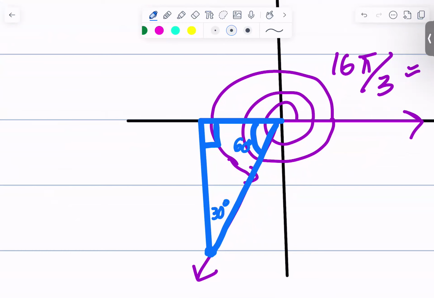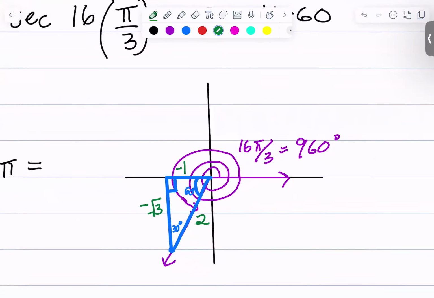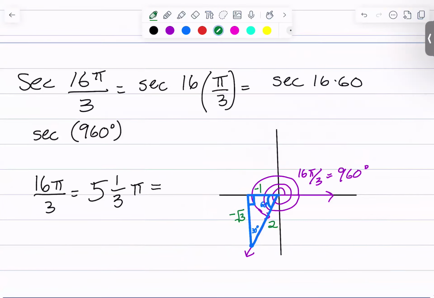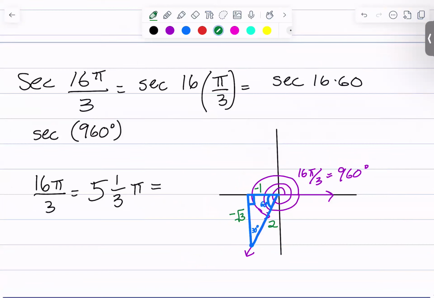So in a 30, 60, 90, what's the ratio of the sides? 1, square root of 3, and 2. I have negative x, negative y, and my r is always positive, right? So I got that, and I want my secant.